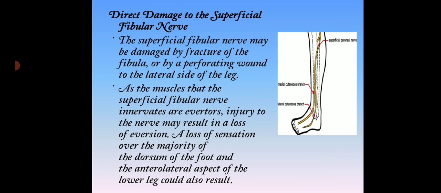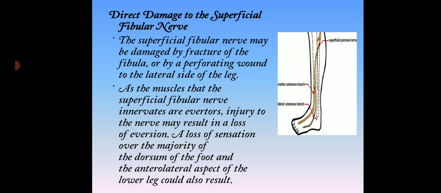Next, we are going to see the direct damage to the superficial fibular nerve. The superficial fibular nerve may be damaged by fracture of the fibula or by a perforating wound to the lateral side of the leg.